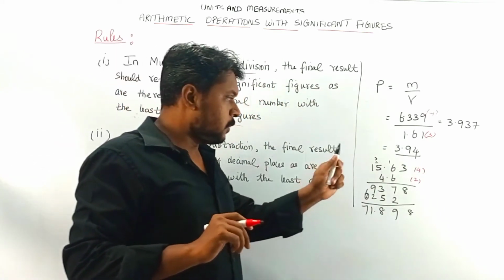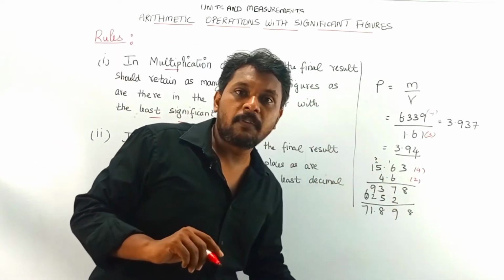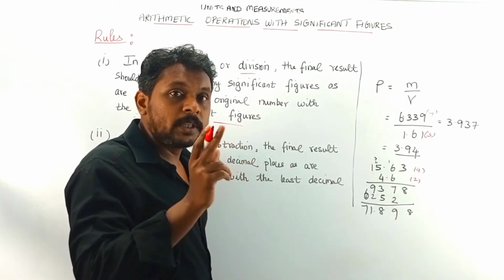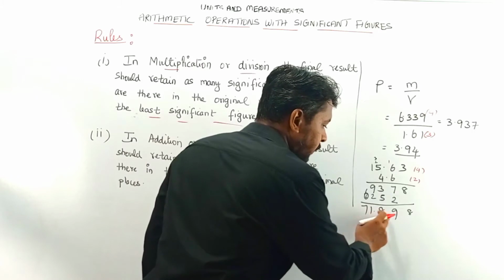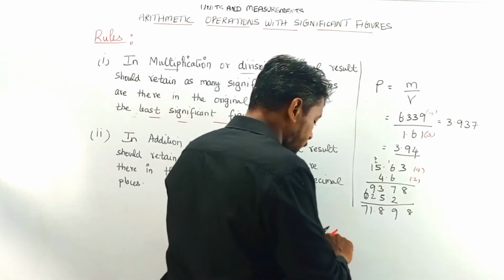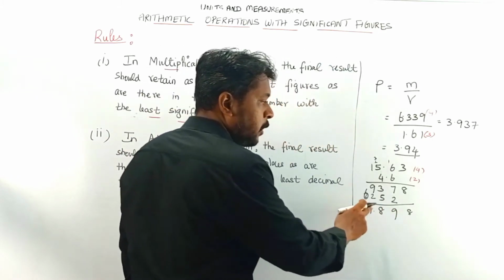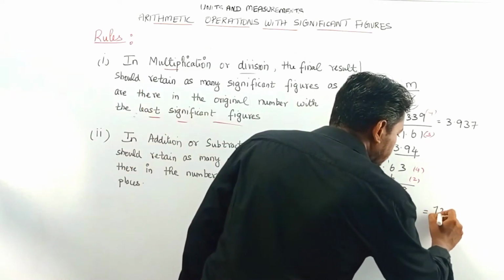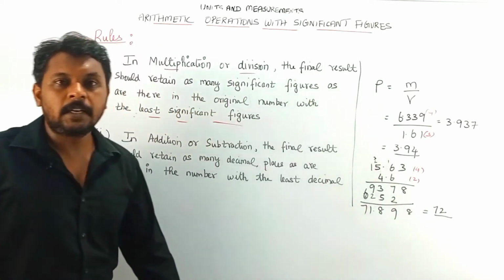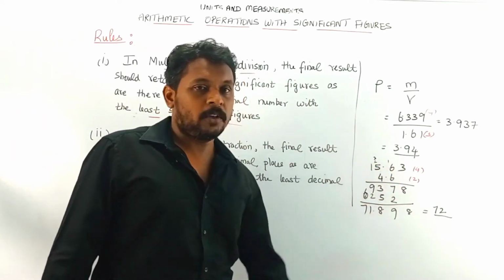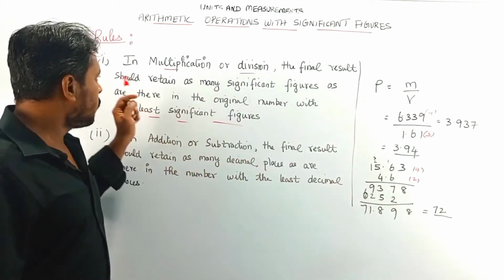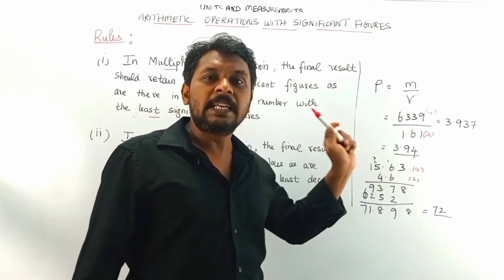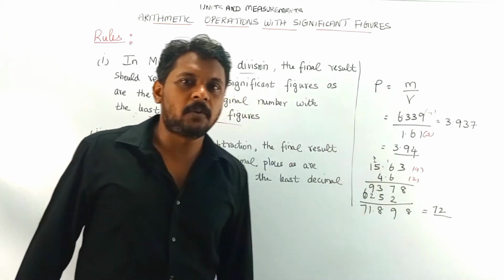Which is the least? 2 is the least, so I have to represent the result up to 2 significant figures. 71.898, up to 2 means 71. The next digit is more than 5, so I have to round off. The result will be 72. So this is the rule followed for multiplication and division: you have to represent the result with the least significant figures. That's the main rule.